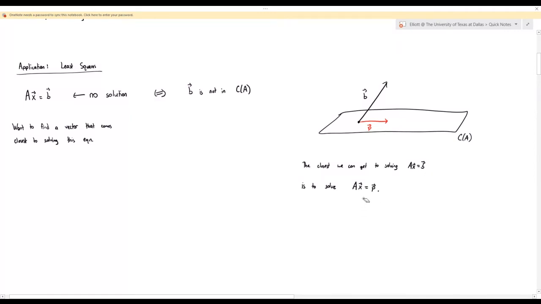So solving this equation, Ax equals p, should give us something that gets close to solving Ax equals b. That's the idea of this, okay?